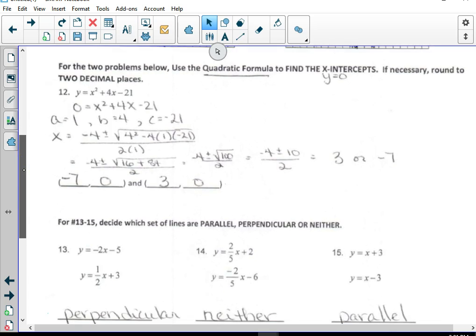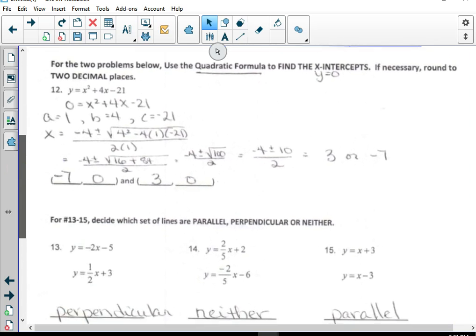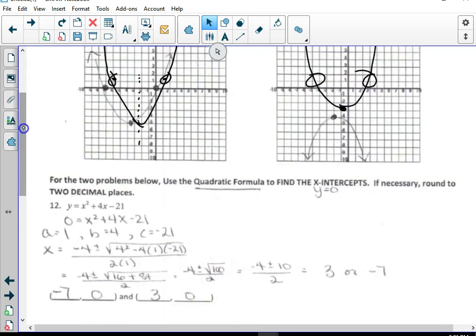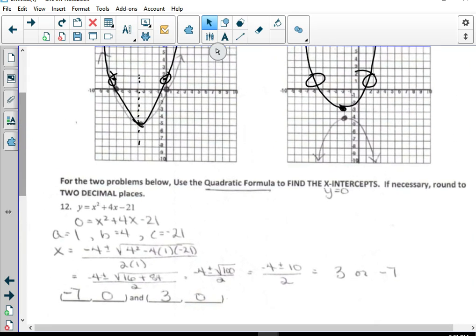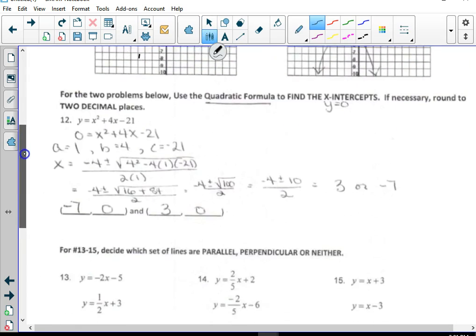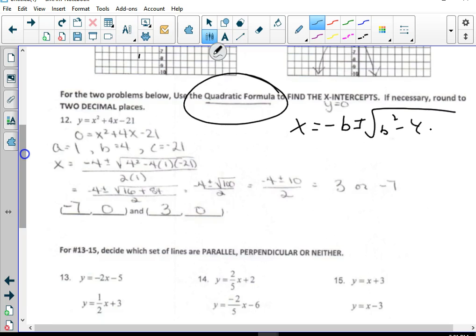Okay. Number 12. It says, shouldn't be too hard to figure this out. It says right here, use the quadratic formula. So you use the quadratic formula. x equals opposite of b plus or minus the square root of b squared minus 4ac, all over 2a.